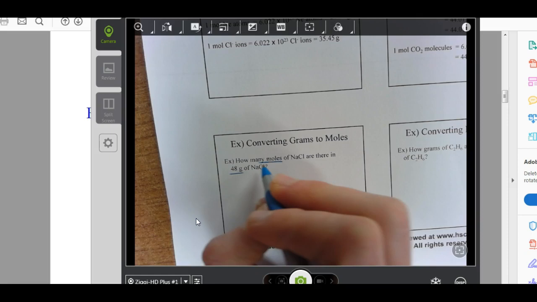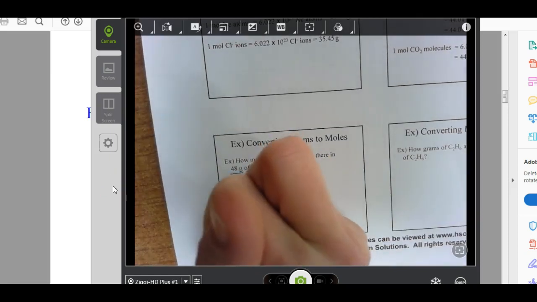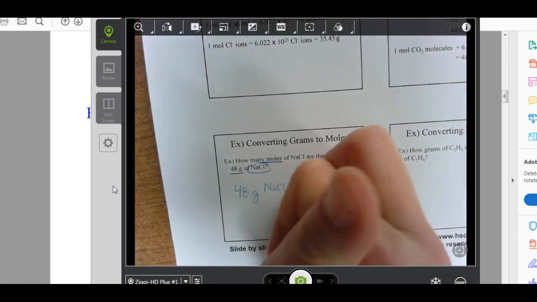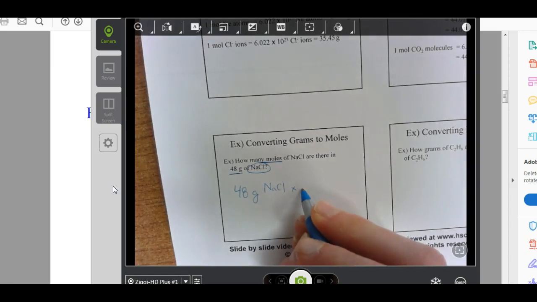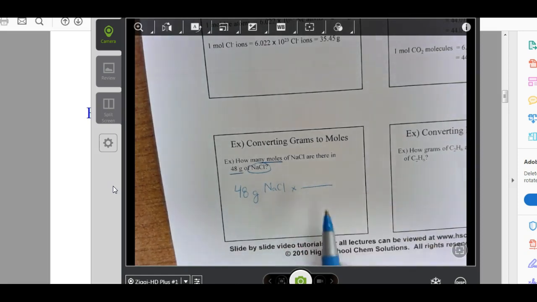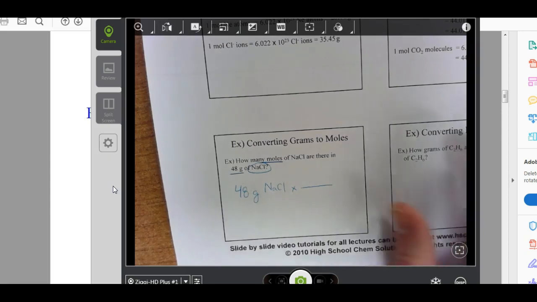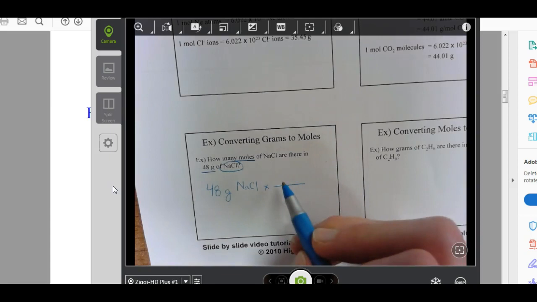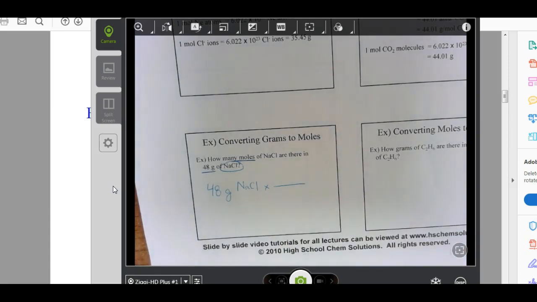So the first thing you do is you write what you're given. 48 grams NaCl. And then you're going to write times and a line. That line tells you you need a conversion factor. And remember, a conversion factor is just a fraction that helps us change the unit. So we're going to put what we're trying to find on the top and what we're getting rid of on the bottom. And here's where the mole map is helpful.